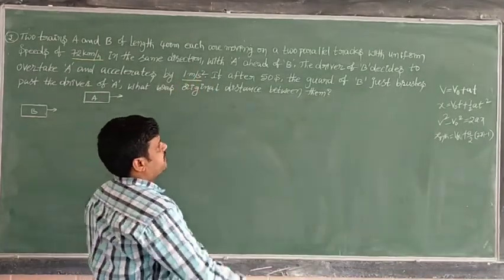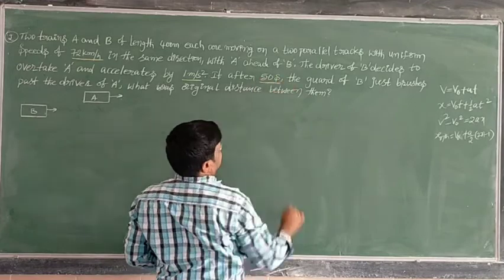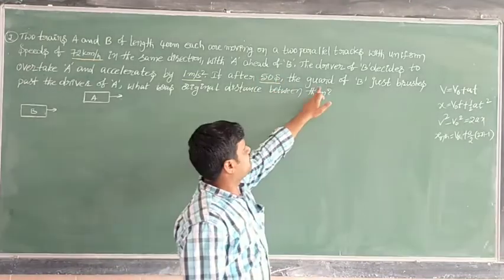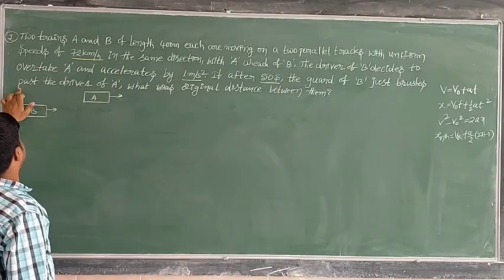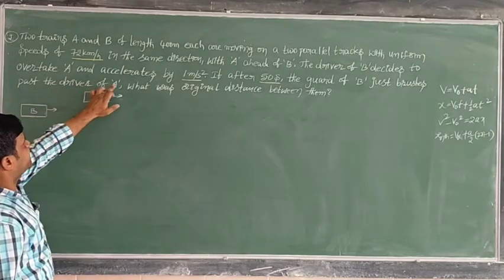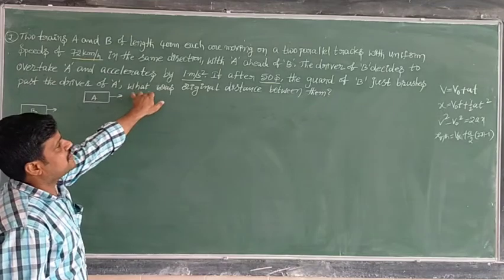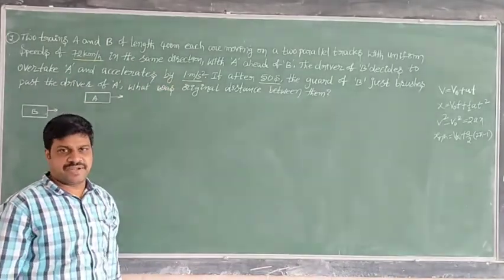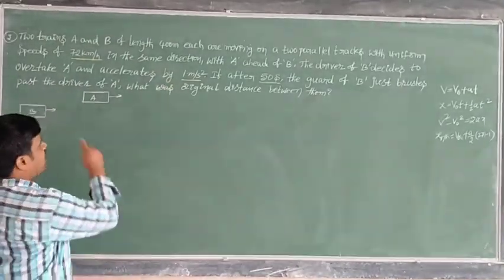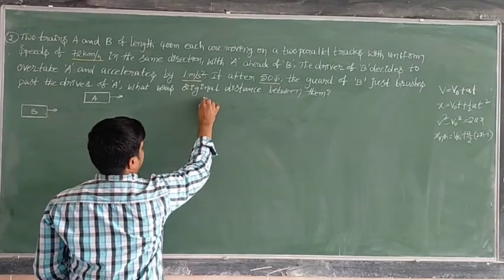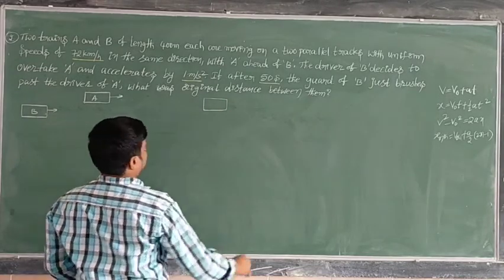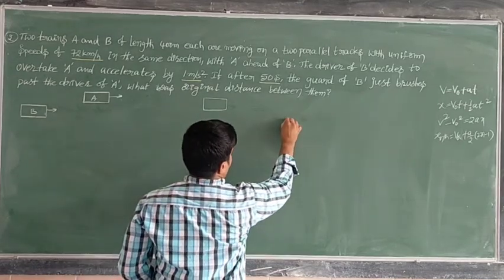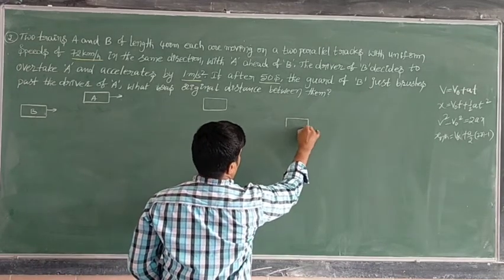After 50 seconds, the guard of B just brushes past the driver of A, and what was the original distance between them? That means after 50 seconds, train A has been here and train B at this point.